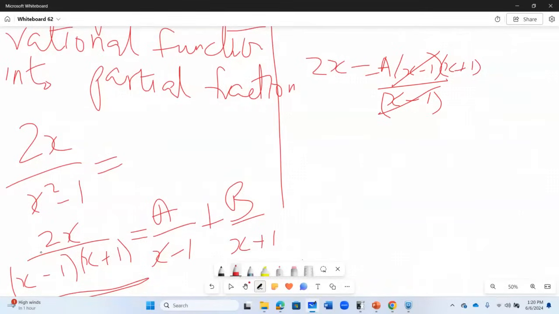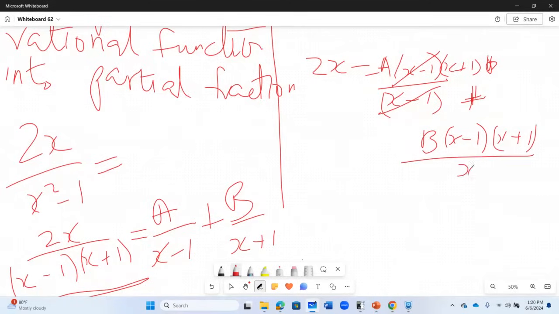And then plus B, I multiply B by (x minus 1)(x plus 1), all divided by x plus 1.